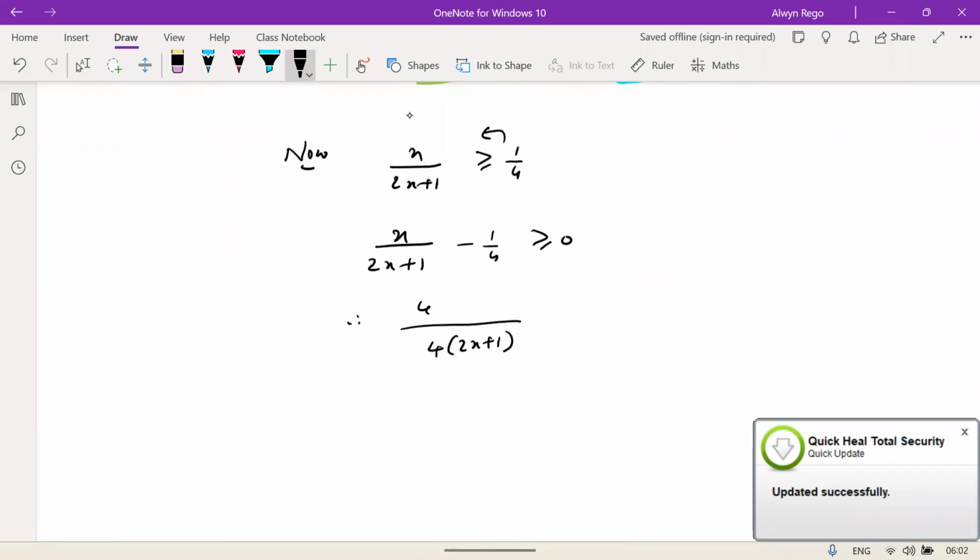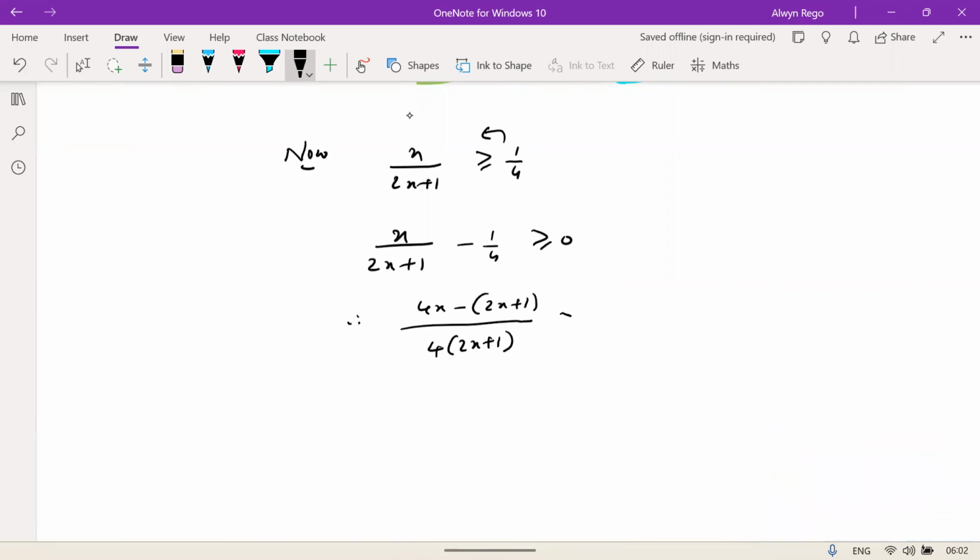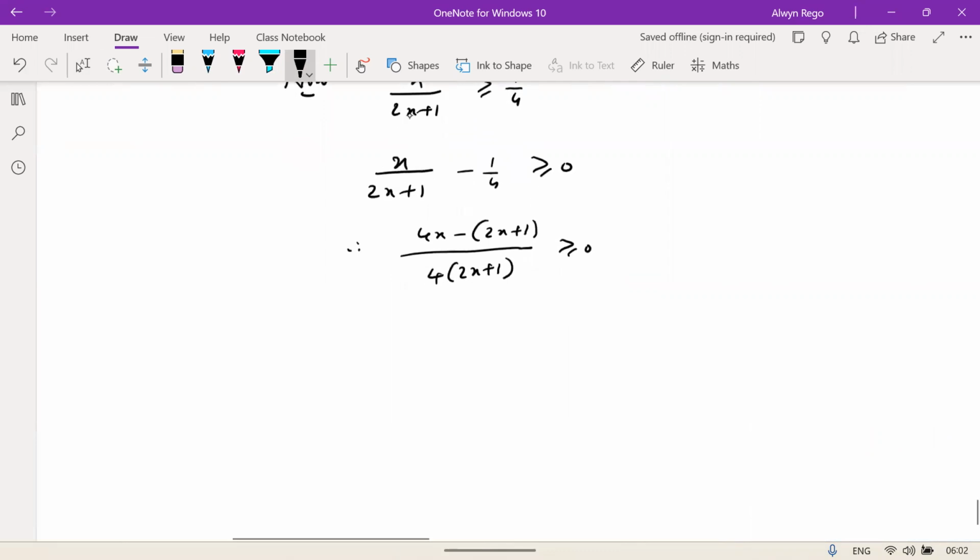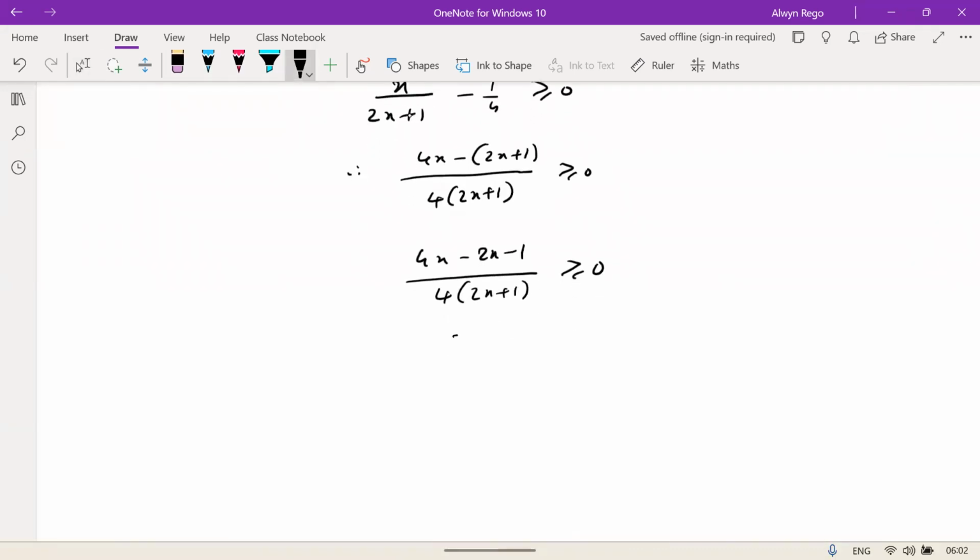You have 4 times x minus 2x plus 1 is more than or equal to 0. Therefore, 4 times x minus 2 times x minus 1 divided by 4 times 2x plus 1 is more than or equal to 0. Therefore, you have 2x minus 1 divided by 4 times 2x plus 1 is more than or equal to 0.